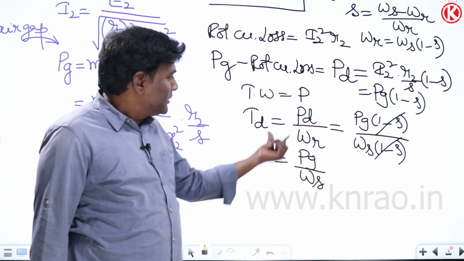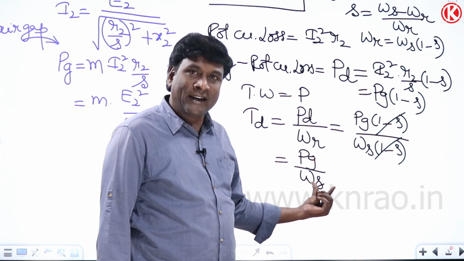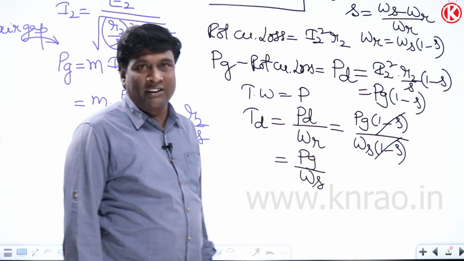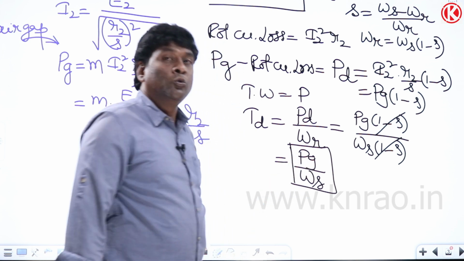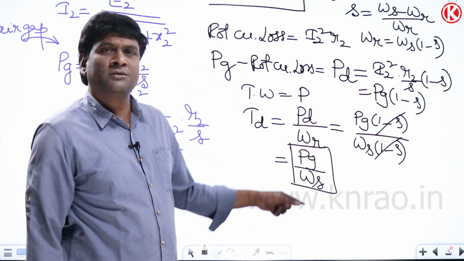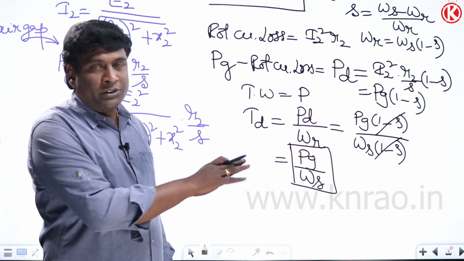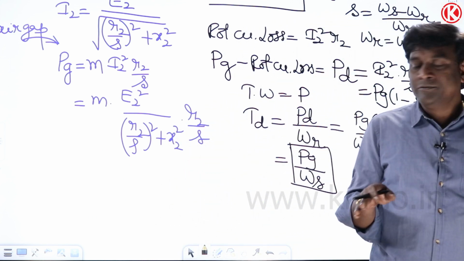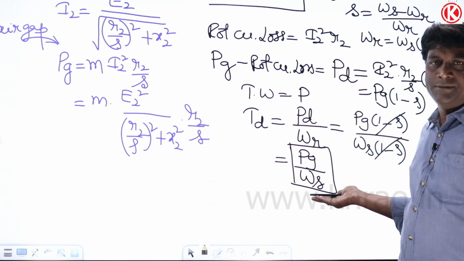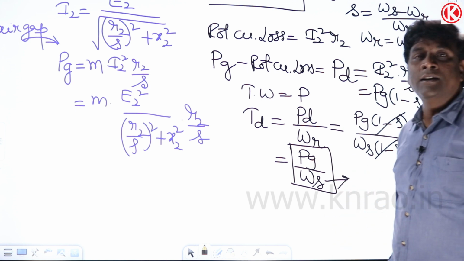Now PD by omega R is nothing but PG by omega S. In this equation, PG by omega S, is omega S constant or not? Yes, 120 F by P. That is going to be determined by the stator frequency. If you think of a stator-fed induction motor, whatever frequency you are supplying to the stator will decide NS or omega S. So here in this equation, omega S is going to be constant.